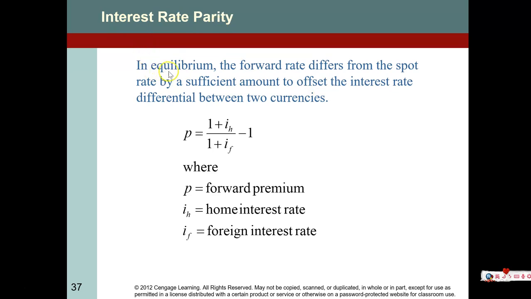At this equilibrium level, you do not have a covered interest arbitrage opportunity anymore. In this situation, P, the forward premium, is going to be 1 plus IH, the home interest rate, divided by 1 plus IF, the foreign interest rate, minus 1.